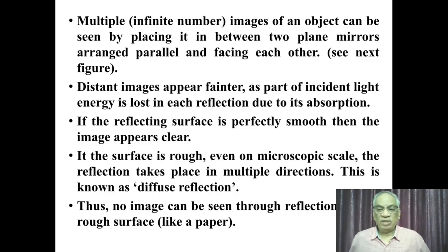That means reflection of light from an incident ray in multiple directions due to the unevenness or roughness of the reflecting surface. As a result, no image can be seen from the reflection process. Like paper or some surfaces, you cannot see images, because the direction of reflection is in multiple directions, hence no image is formed.